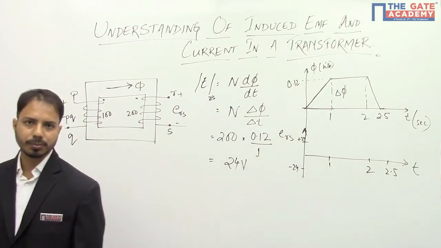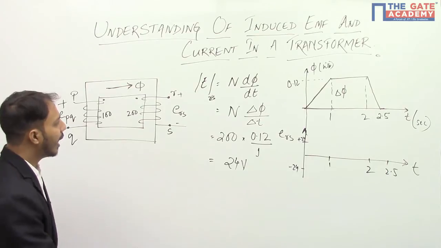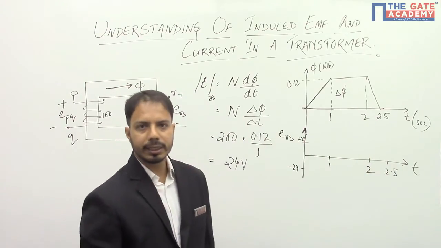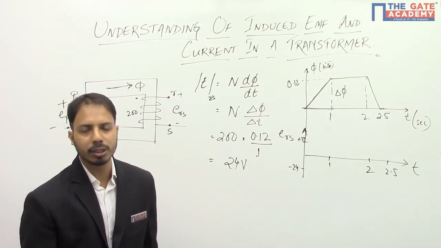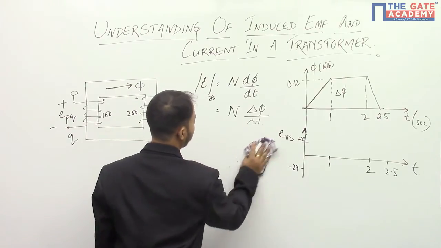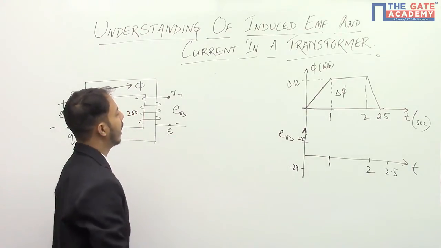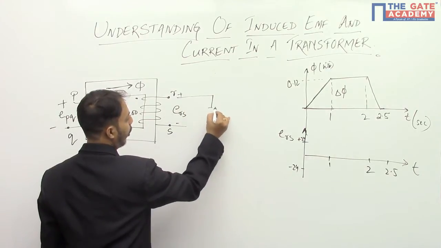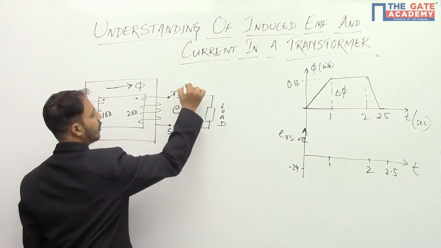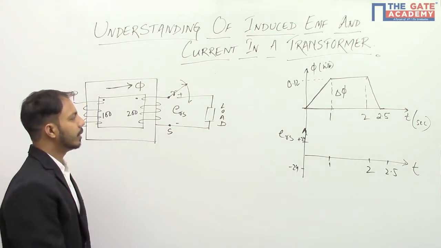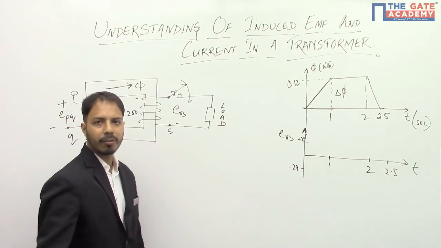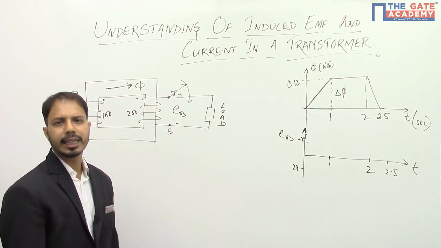Plus or minus. Now you see, for that, one technique which I have already explained is that the direction of induced EMF can be found out by Lenz's law. And what does Lenz's law say? Lenz's law says that if I connect a load here, and suppose I connect a switch here, then the current that will be flowing due to this induced EMF will produce a flux, say secondary flux.